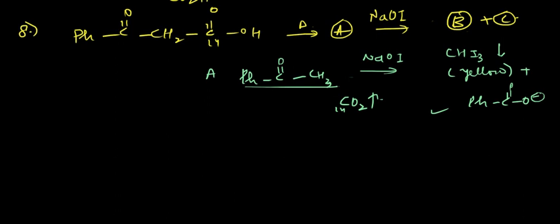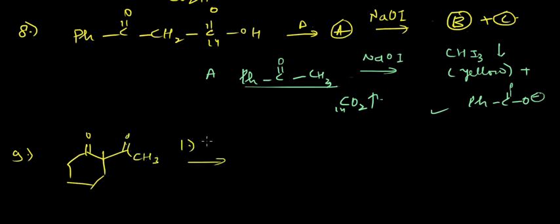Okay, let's look at another example. Here we have something like this, and there is a methyl group here and double bond O CH3. We are passing it first with NaOI, second we are providing acidic medium, and thirdly we are providing heat to it. So what will we be getting?